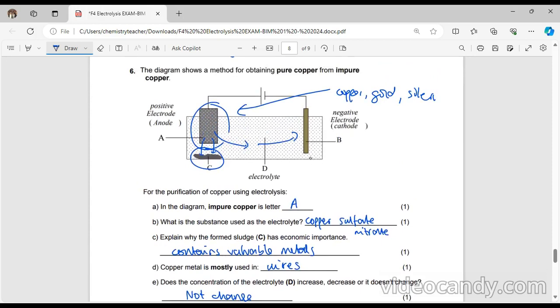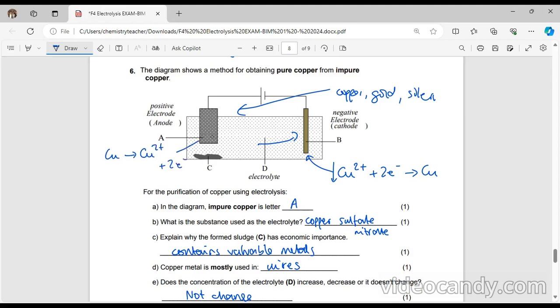At the cathode, we've got this equation going on. The copper ions are being reduced and making copper. In that way, the concentration of copper ions is going down, but that is counteracted by the process going on at the anode. At the anode, the copper is being oxidized to make copper ions.